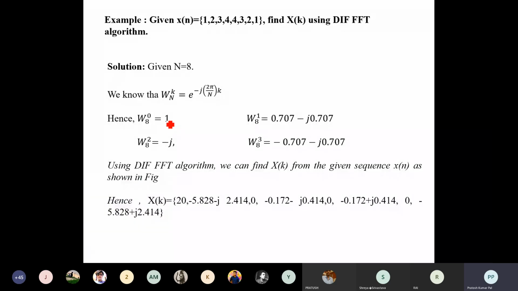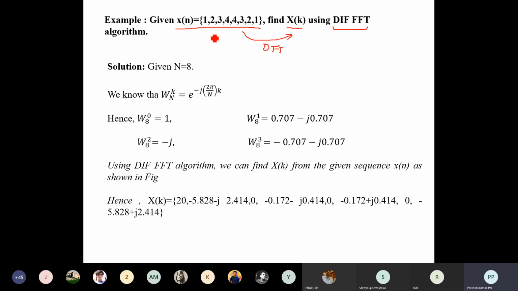Here an example is given: x of n is given, and you need to find x of k, that will be the DFT of this x of n, and that DFT we need to calculate by using the DIF FFT algorithm.